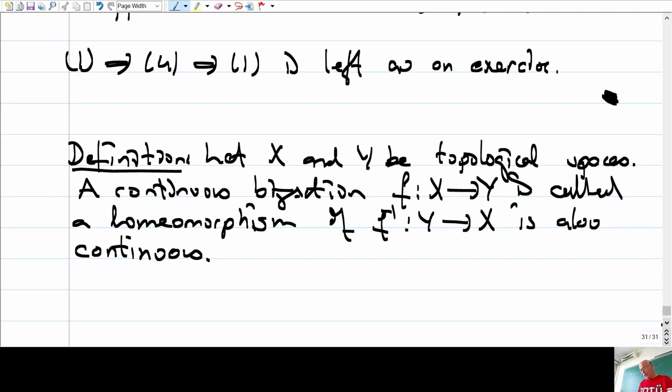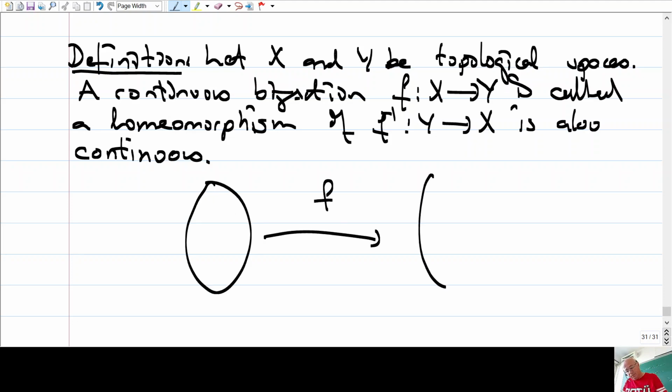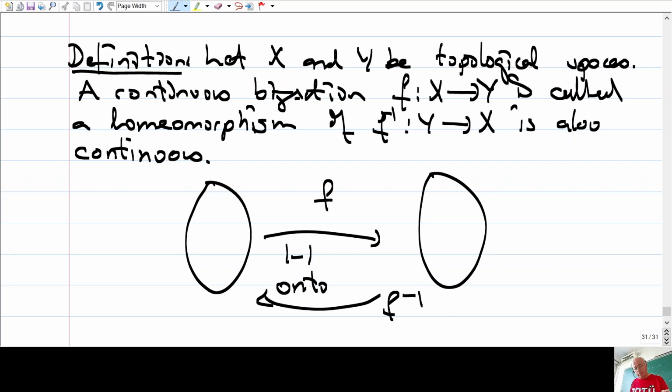So, what's a homeomorphism? A homeomorphism is a function between two spaces, but it has to be a bijection. So it is one-to-one and onto. This means set-wise, these are the same things, right? It's a bijection. And moreover, their open sets are the same. Why is that? Because both f and f inverse are continuous.